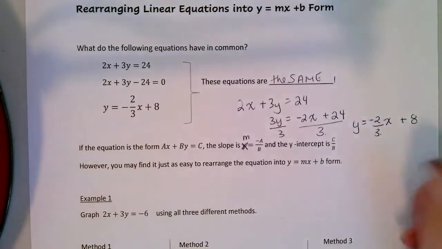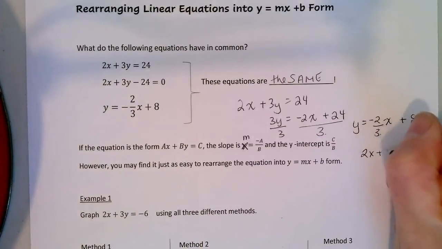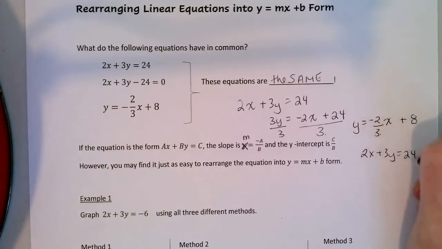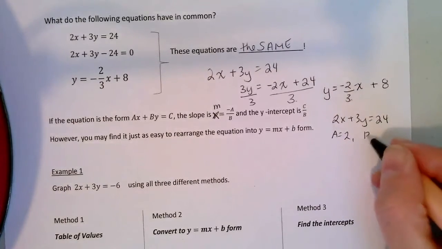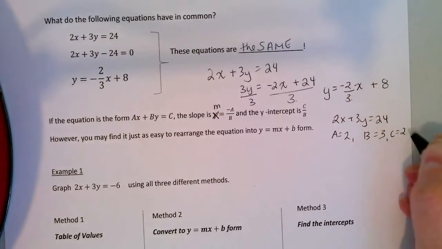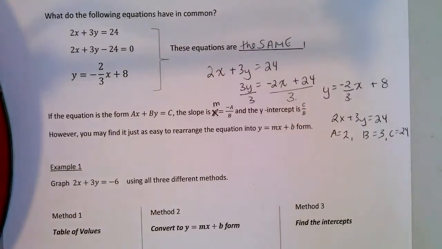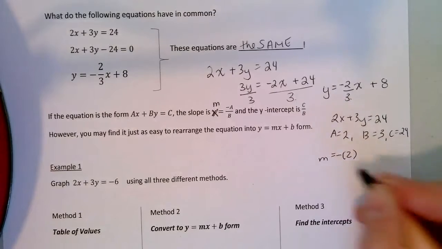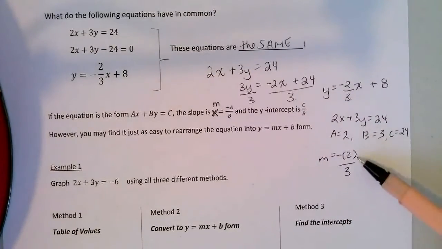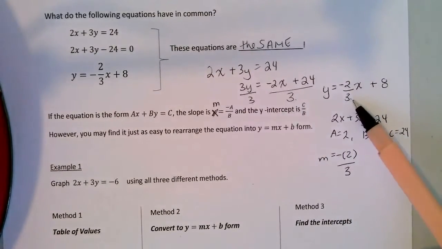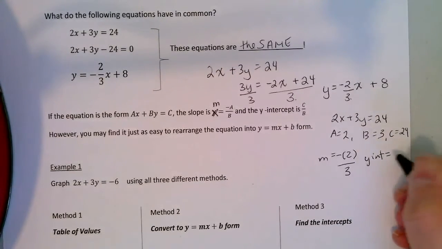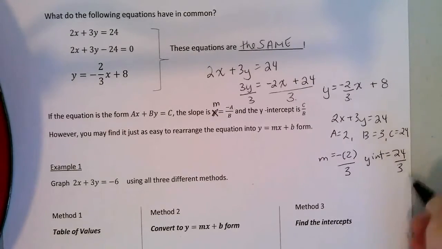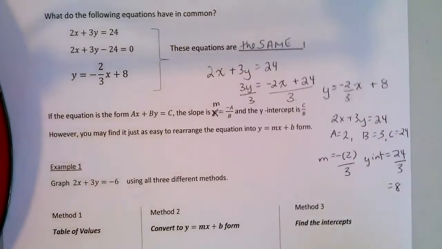So going back to 2x plus 3y equals 24, you can see that the a value is 2 and the b value is 3 and c is 24. So based on this, the slope is the negative of a over b, which is now negative 2/3, which matches what we have up above. And the y-intercept is c, 24, over b, which is 3, which simplifies to give us 8.